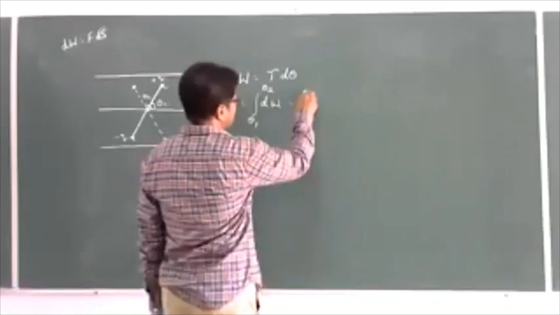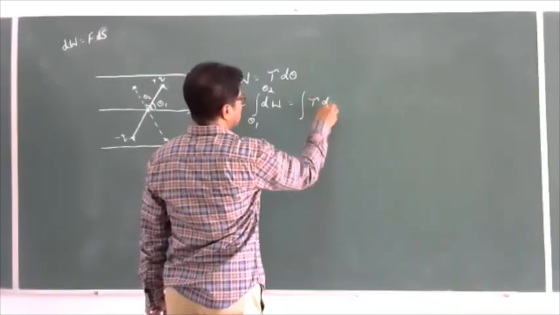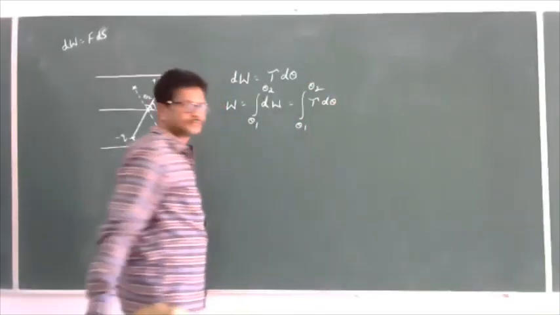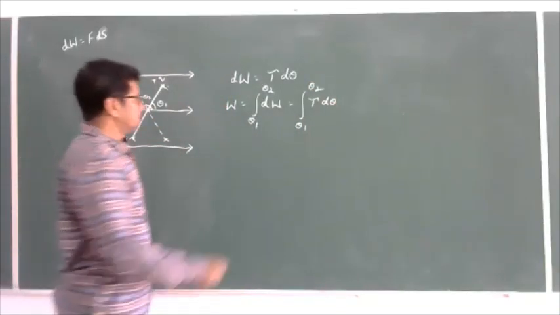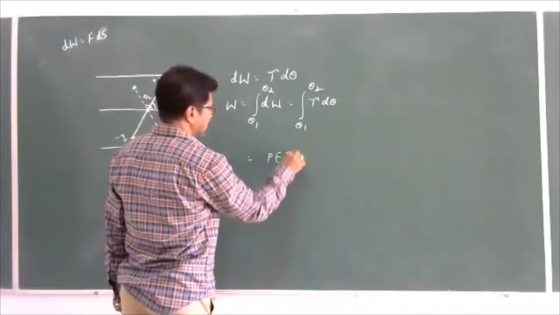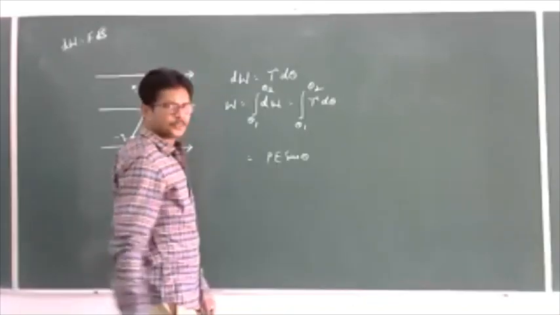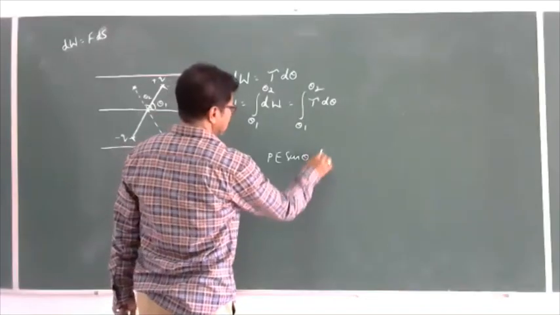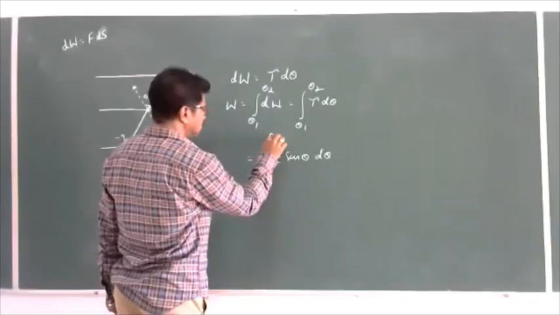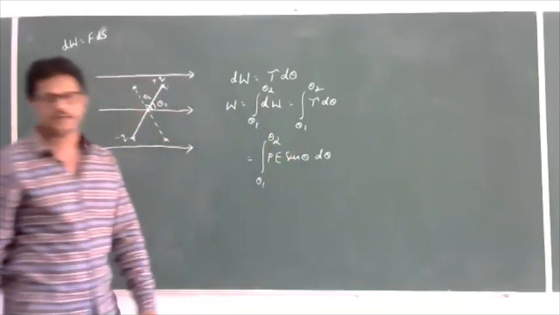The integral of dW is nothing but the integral of tau d theta from theta 1 to theta 2, where tau is equal to PE sin theta, as we know from yesterday. So W is the integral of PE sin theta d theta from theta 1 to theta 2.